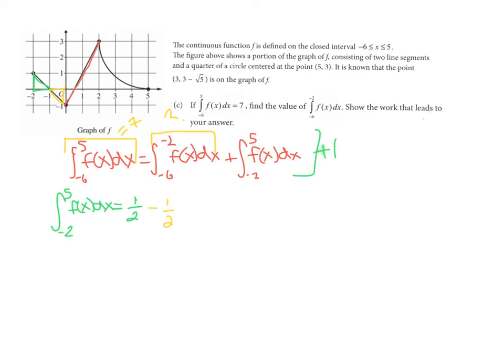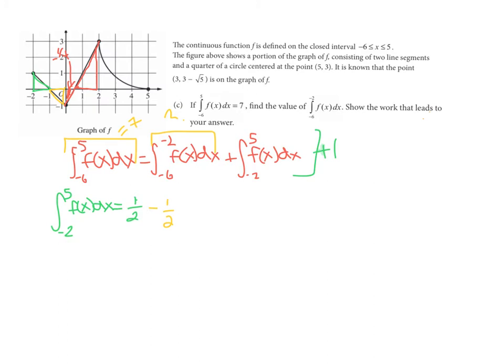If you were to do it using geometry, you would find out that this little triangle down here has an area of -1/4. You would do 1/2 base times height. The base is 1/2, the height is 1, and because it's underneath the x-axis, it's negative.